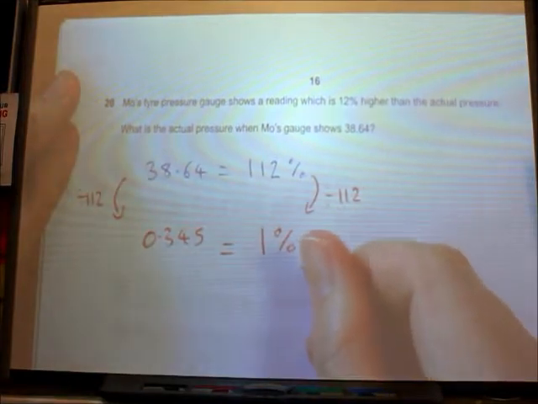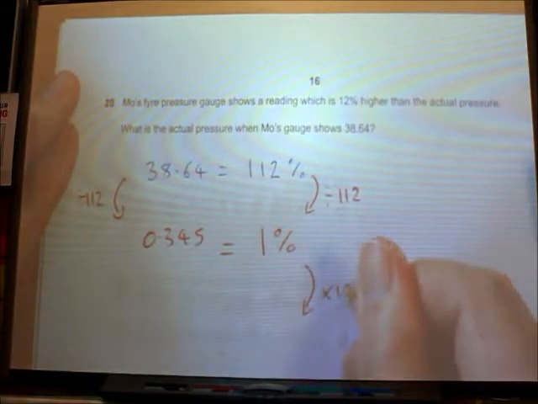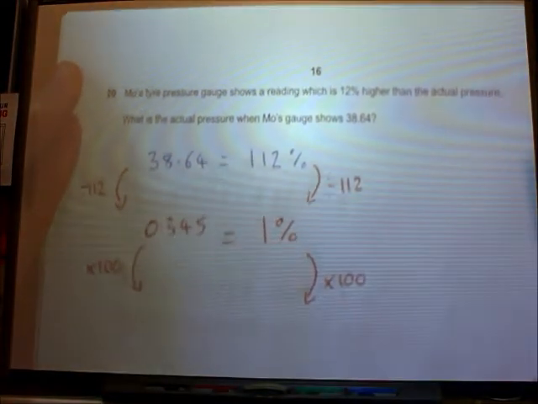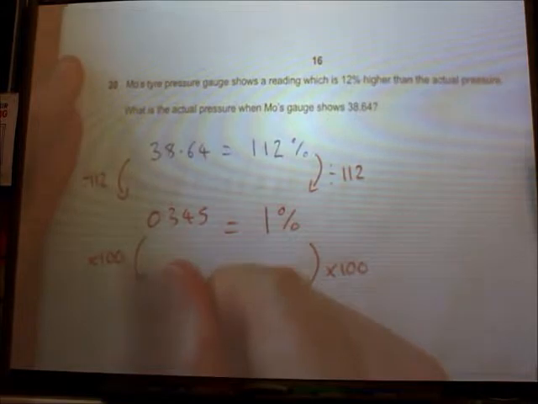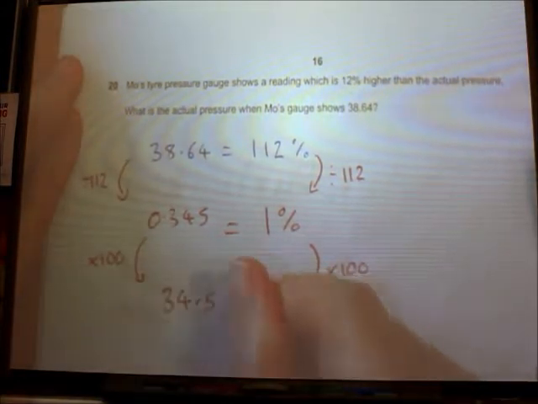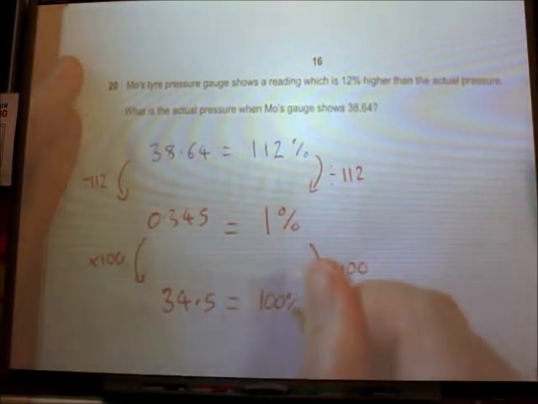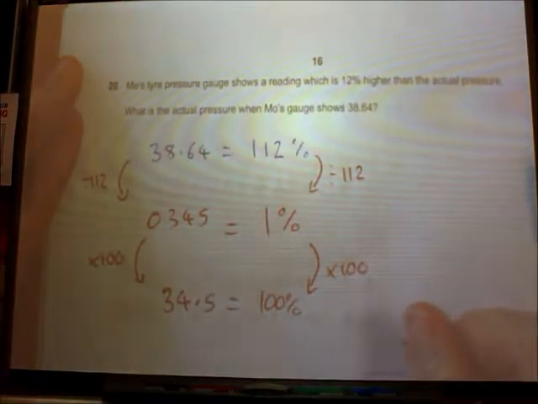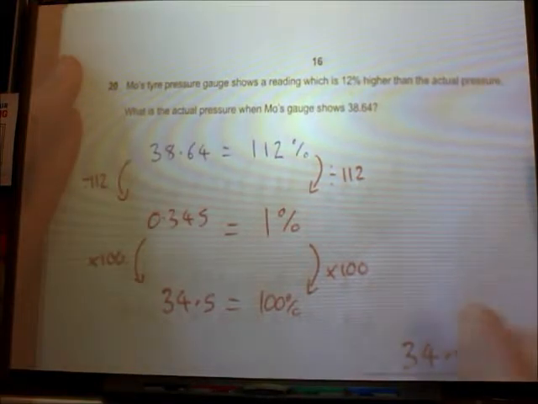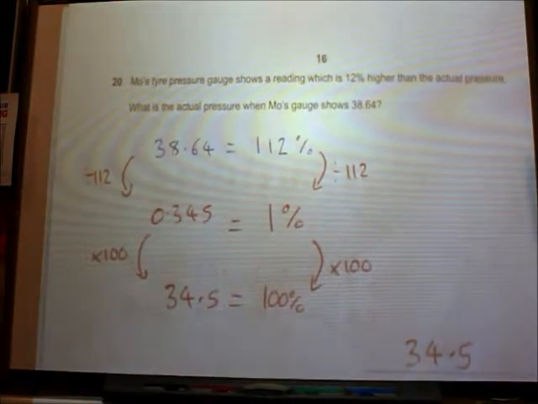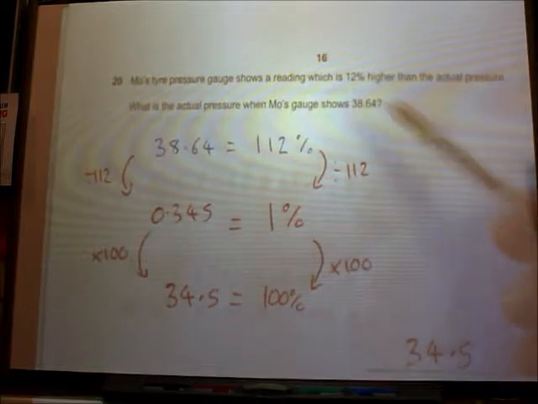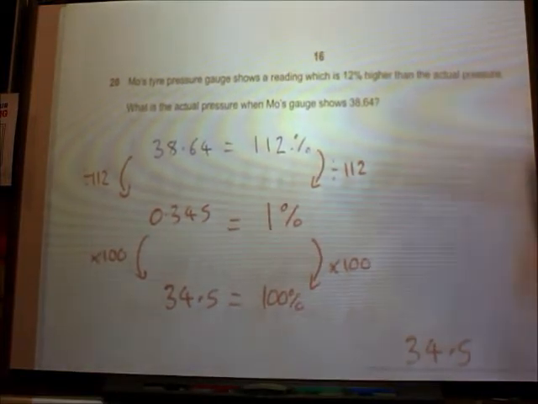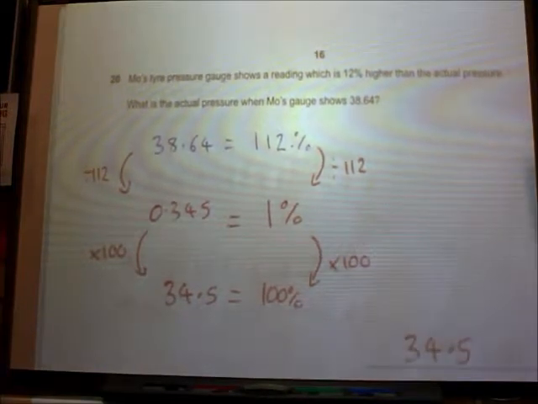Then to get to 100%, which is what I want, I multiply by 100, and that is 34.5 equals 100%. So the actual pressure is 34.5. Again, that's a reverse percentage question. You work pretty much all of them out that way. You just need to recognise that if it's 12% higher, it is 112% of it. Then you need to get it down to 1%, then up to 100%.